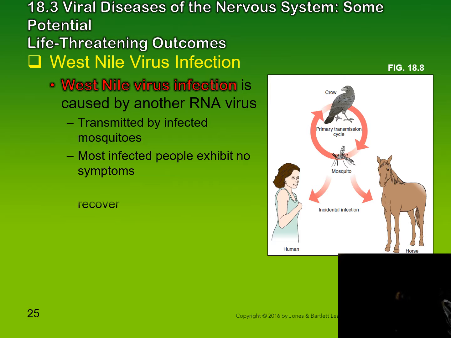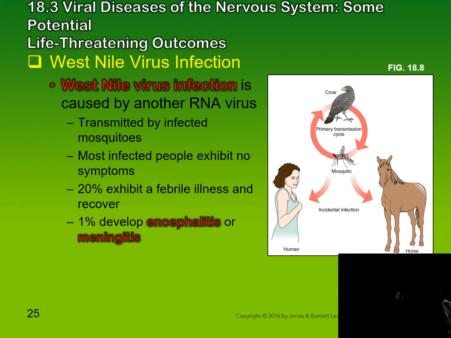Symptoms of West Nile: there are very few symptoms that are very unique to West Nile. 20% exhibit illness and recovery. 1% can have encephalitis or meningitis, which means that the brain swells.